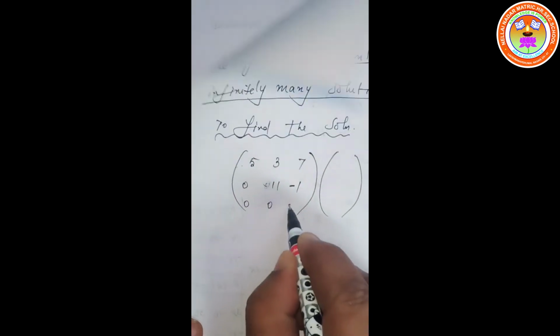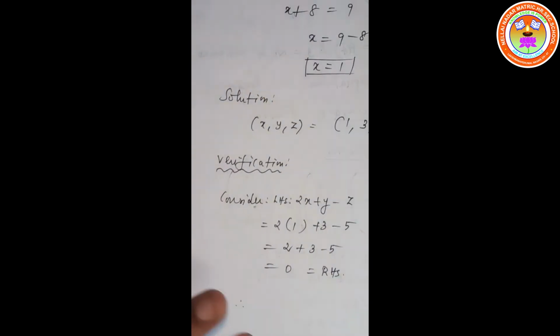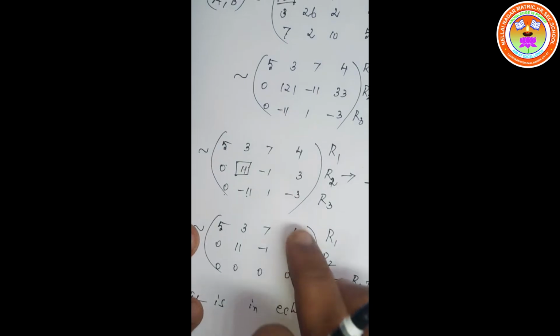Next, third row 0, 0, 0. Here as usual x, y, z. For the right hand side matrix, we consider the last column of the last equivalent matrix: 4, 3, 0.